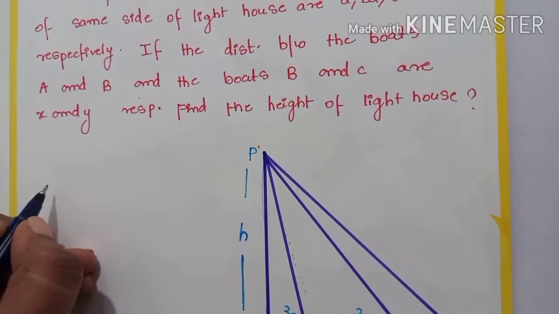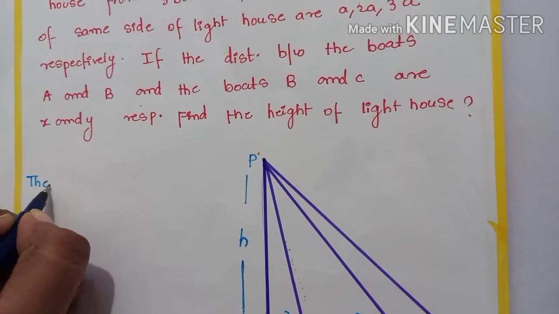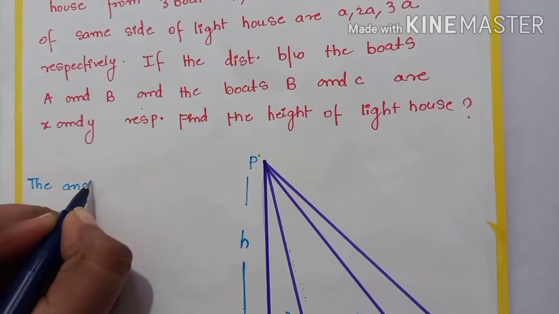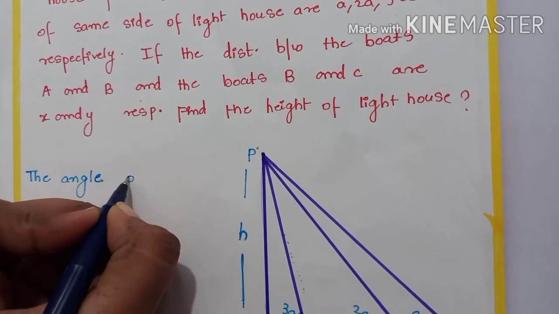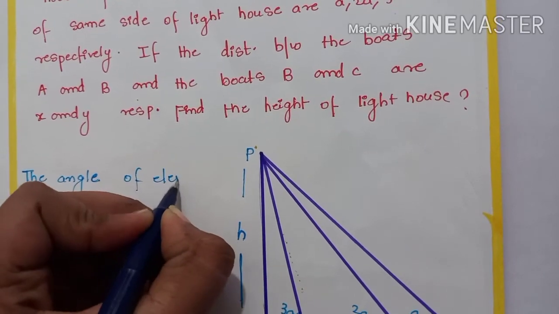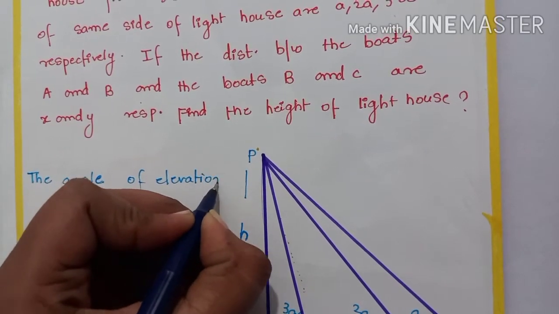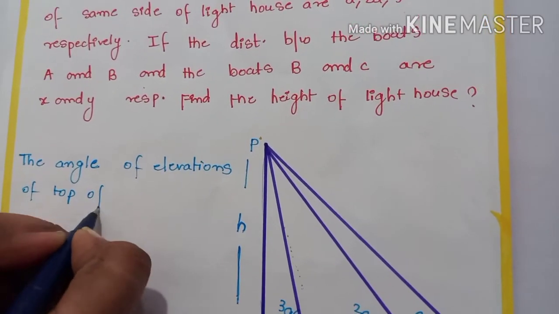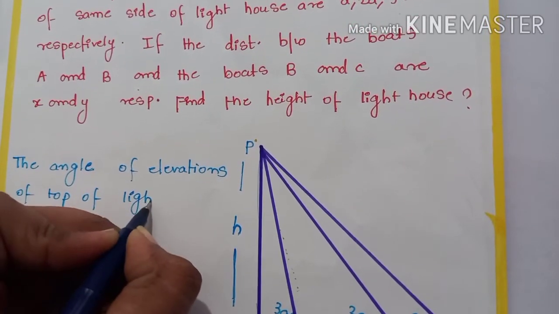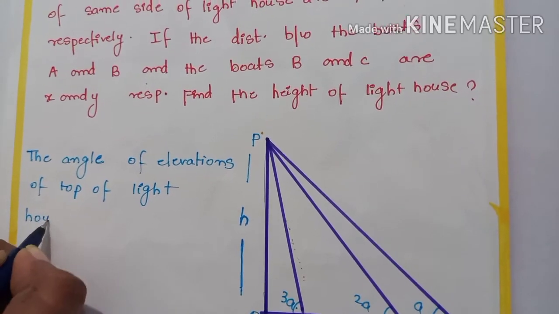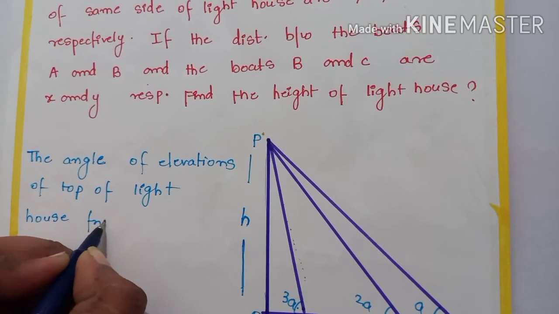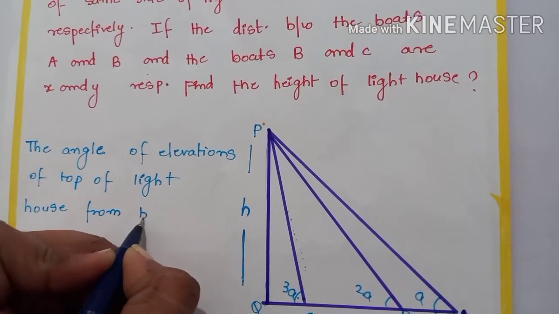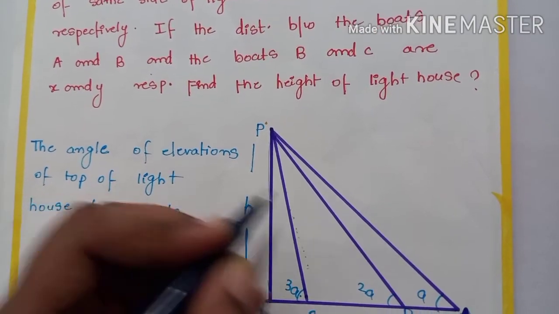Now write the given data in the solution. The angles of elevation of the top of the lighthouse from the boats. Here it makes three angles.